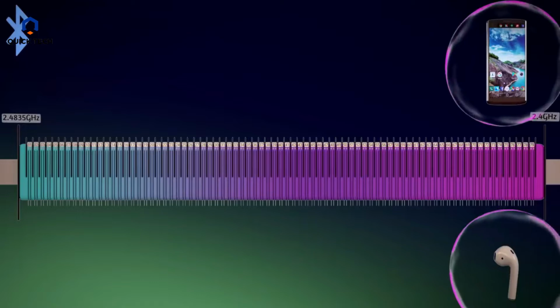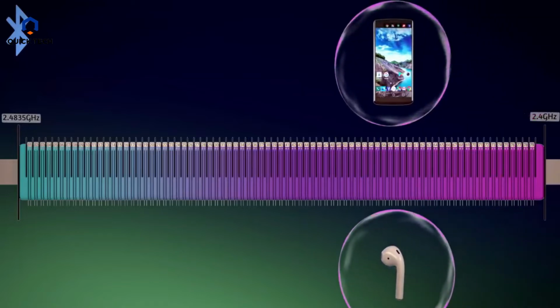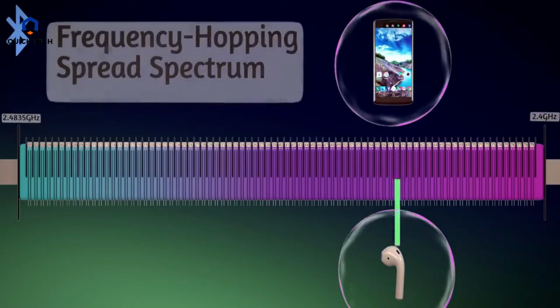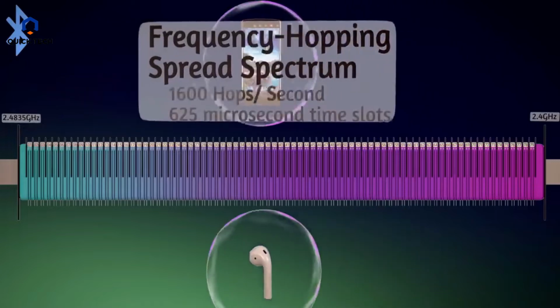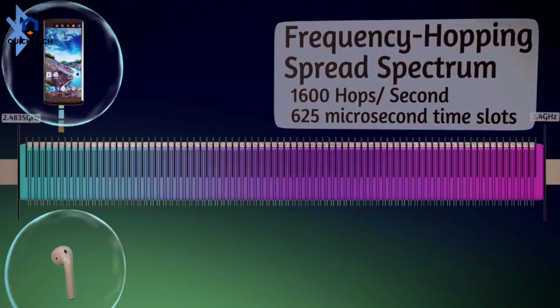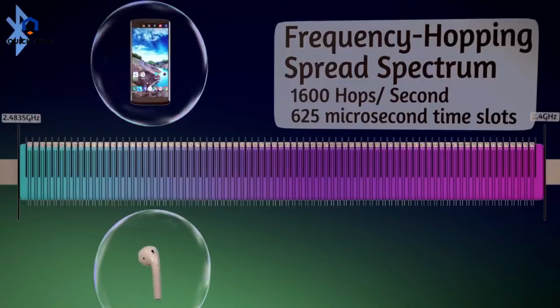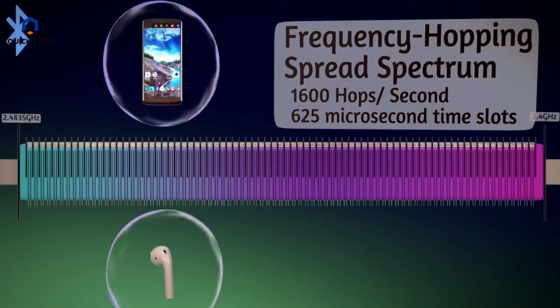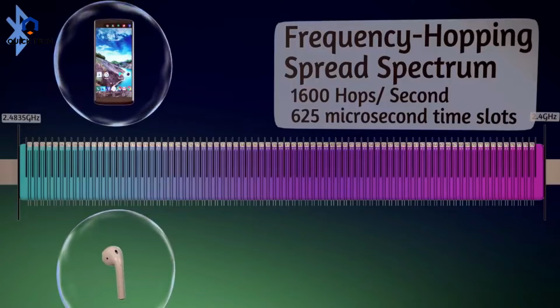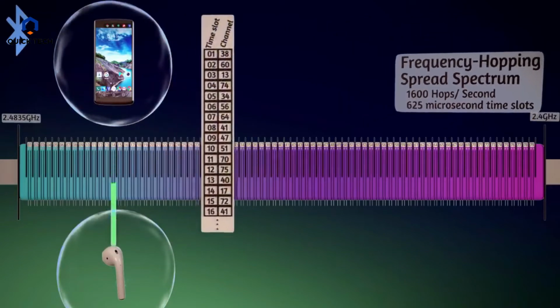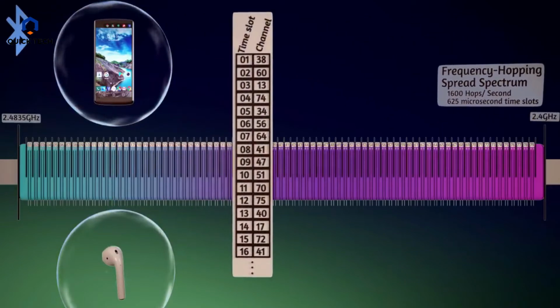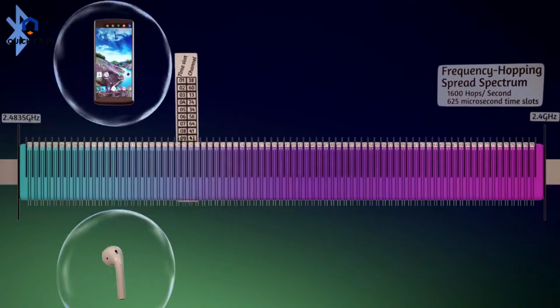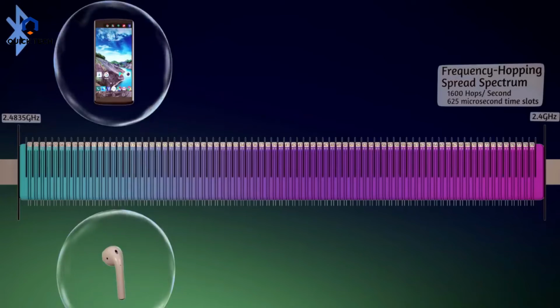In fact, this hopping between the 79 channels, which is called frequency hopping spread spectrum, happens 1,600 times a second, and after each hop, one packet of information composed of the address, header, and payload is sent between your smartphone and earbuds. Your smartphone dictates the sequences of channels it will hop to, and your earbuds follow along.